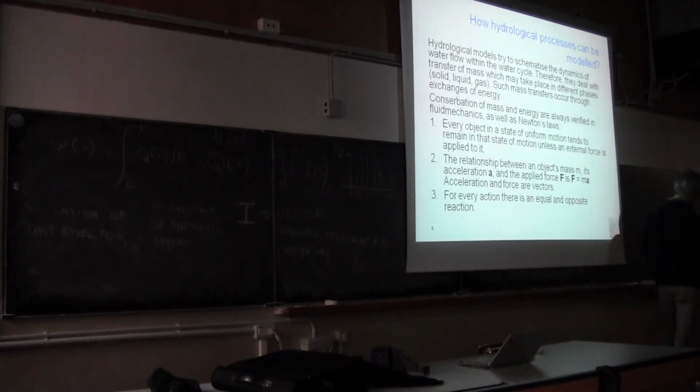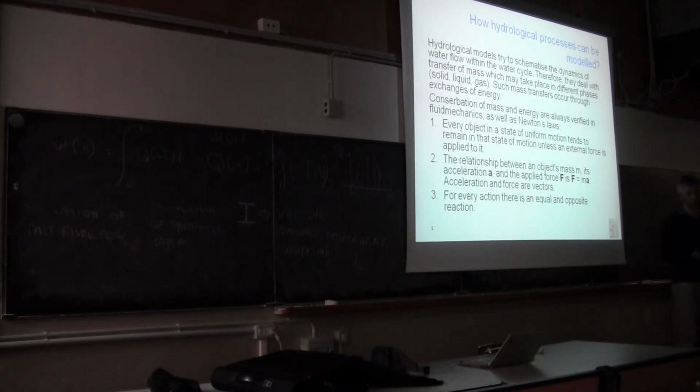We want to describe movement of water. You will read there: schematize the dynamics of water flow within the water cycle. And therefore we deal with the transfer of mass. We deal with transfer of masses of water, which take place at the expense of energy transformation.